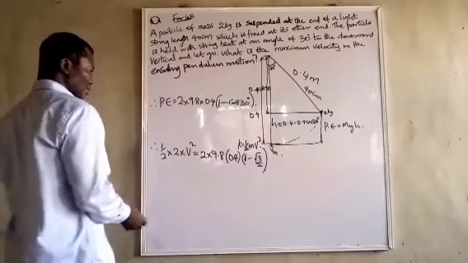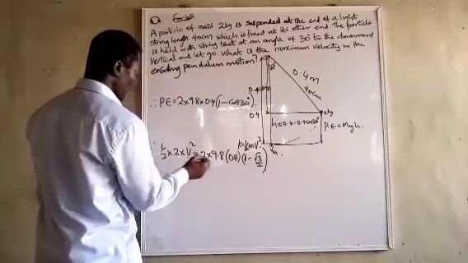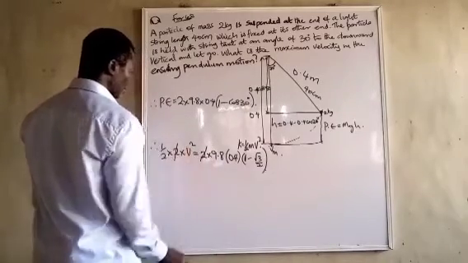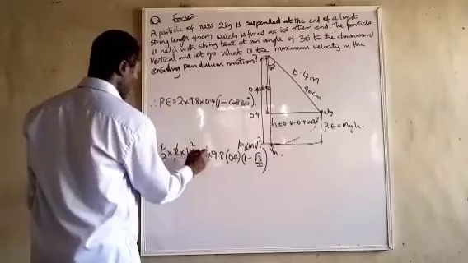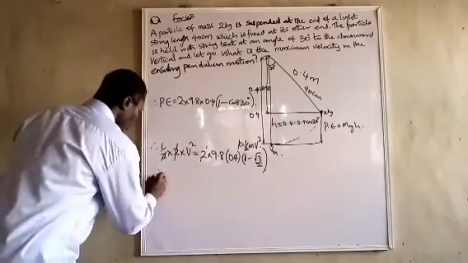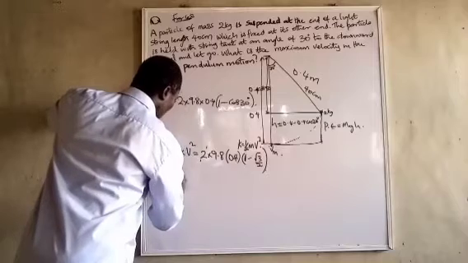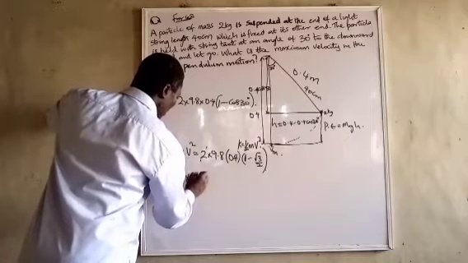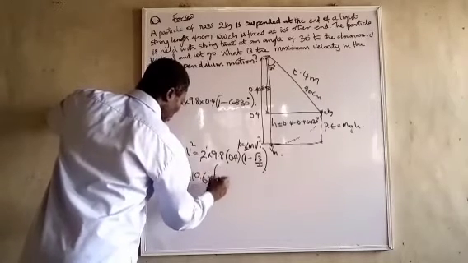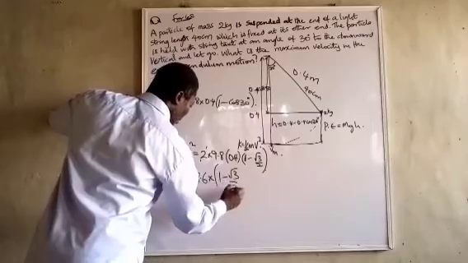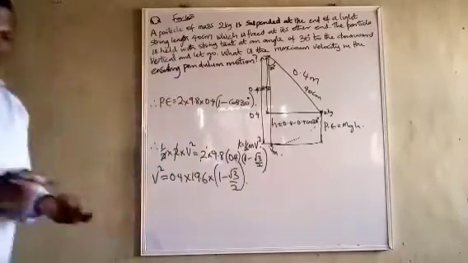Now let's cut the common terms. This one cancels this. So v squared will be equal to 0.4 times 19.6 times 1 minus root 3 over 2.